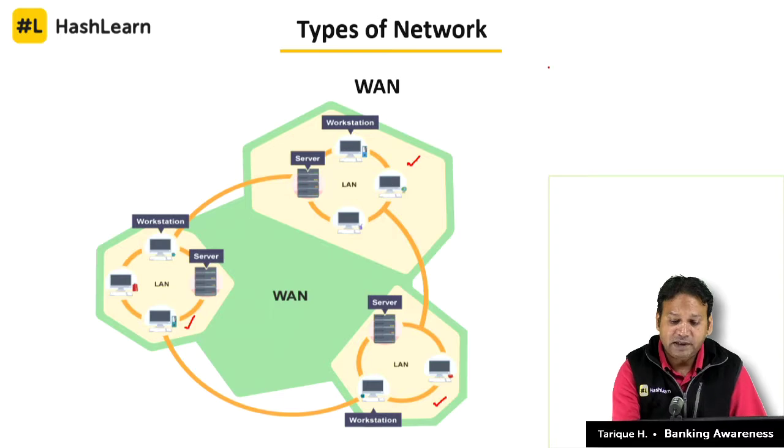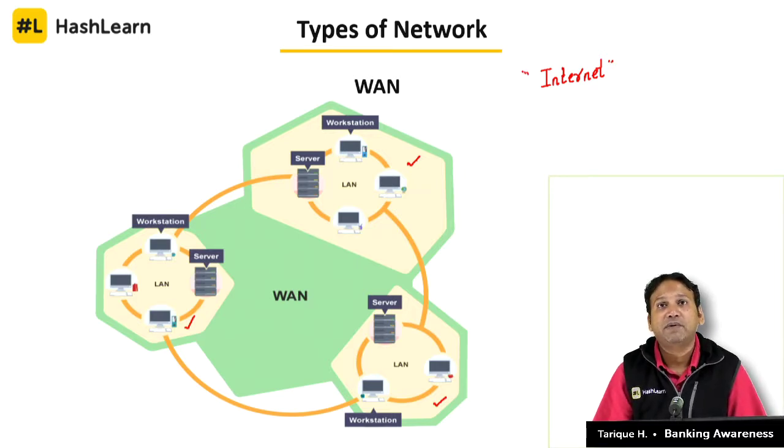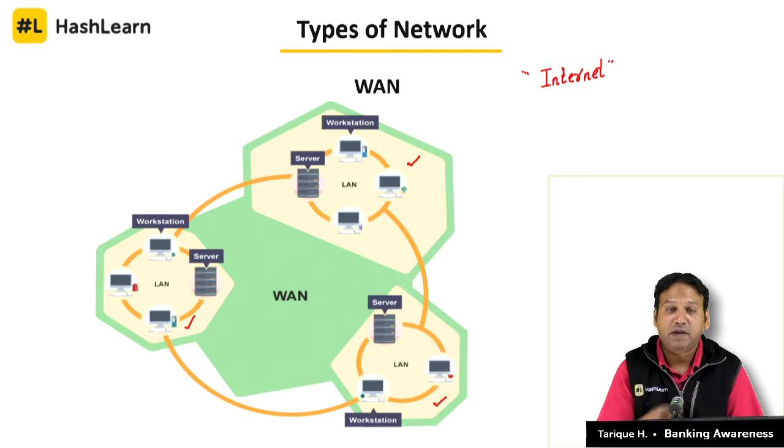You can think of it like this, that the internet is one of the best examples of a wide area network, where computers are connected across the globe, right? So the internet is an example of a wide area network. For example, let's say the computers that are used in the railway department. So when you go to a railway station and you want to book a ticket, you can give your details and they will enter your details in a computer and print a ticket.